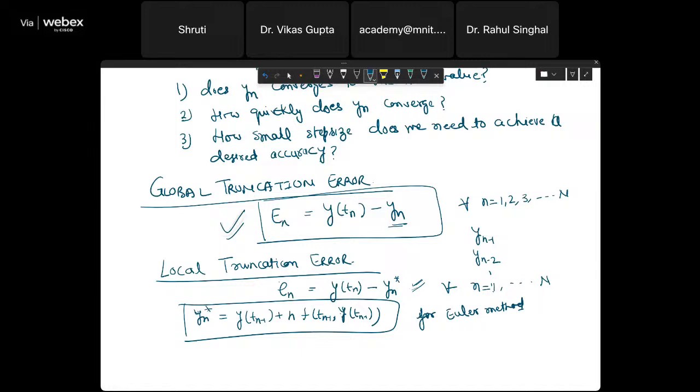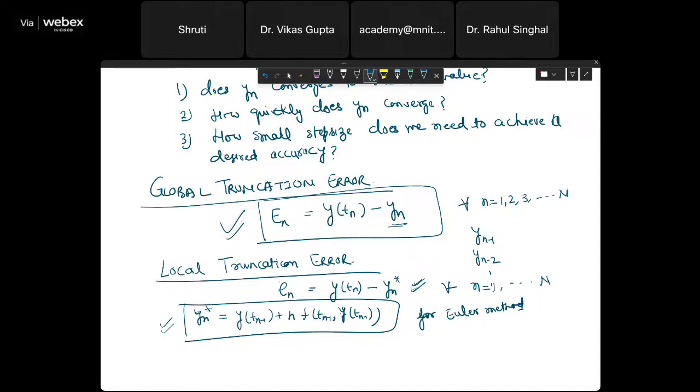That is why in the case of the Euler method, yn star will be taken as y at Tn minus 1 plus h times f at Tn minus 1, y at Tn minus 1. This way yn star will be computed, then substituted here, and we can compute the local truncation error. So this is about the local truncation error, which is the error involved at a particular step of the numerical method.